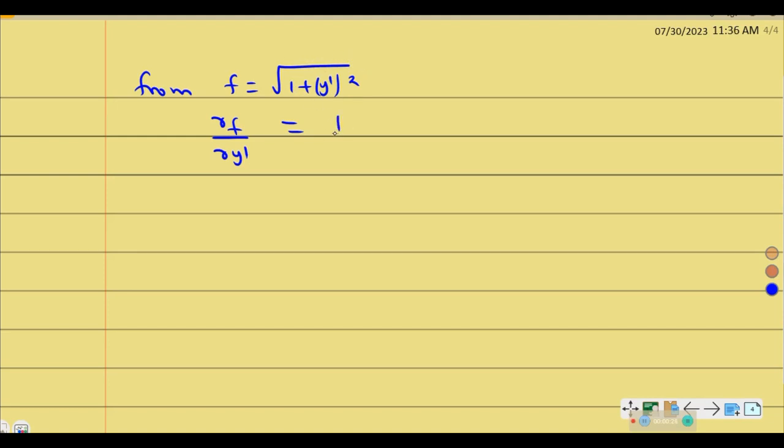This will be same as having a half times, when you differentiate this, you'll get 2y dash divided by the square root of 1 plus y dash squared. Simply, this will give us y dash over the square root of 1 plus y dash squared.